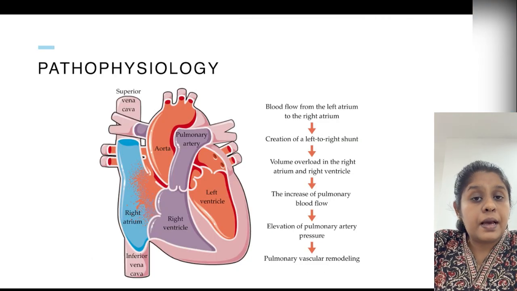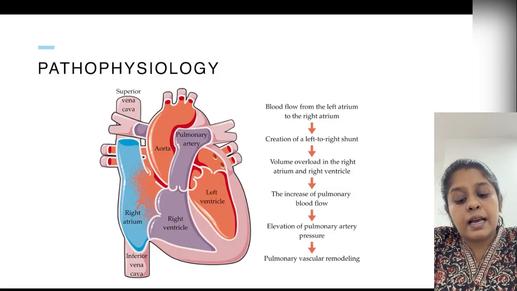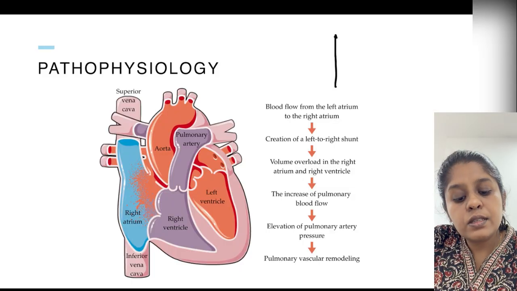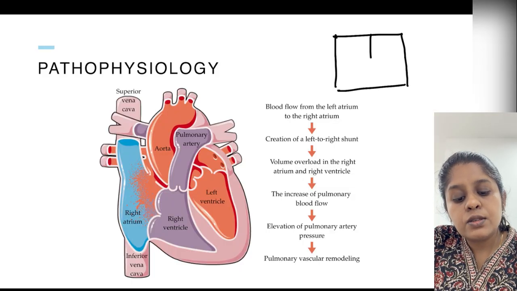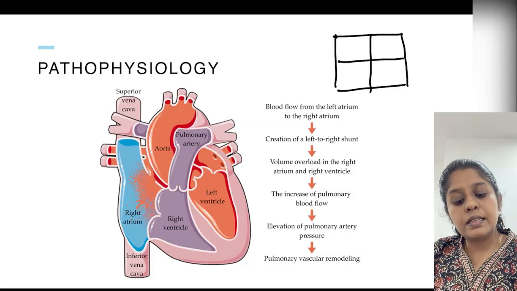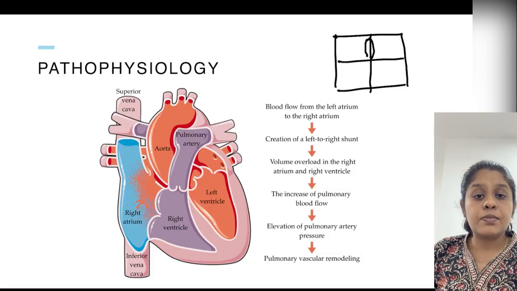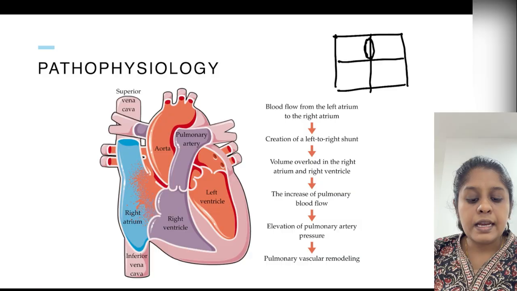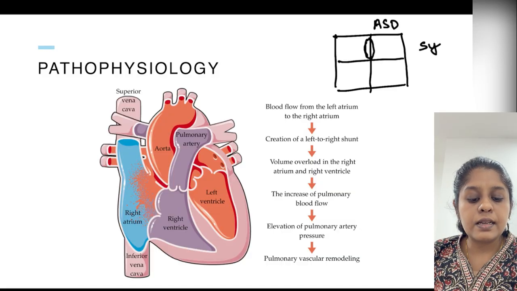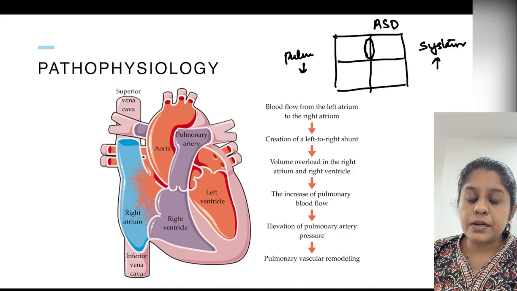So coming to the pathophysiology. If these are the 4 chambers of the heart, ASD is present between the interatrial septa. So here is the location of the atrial septal defect. We know that the systemic circulation's resistance is high and pulmonary circulation resistance is lower compared to systemic.